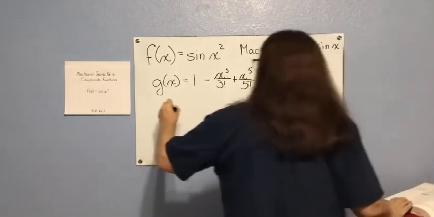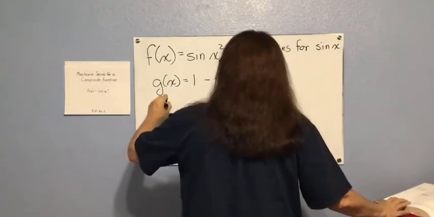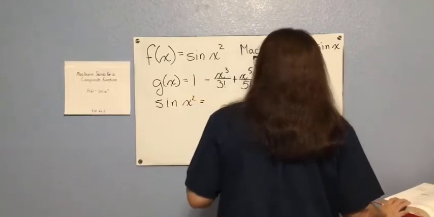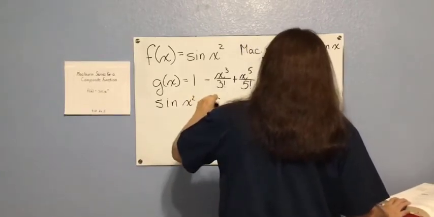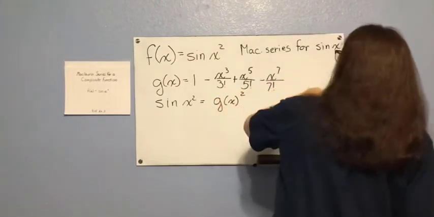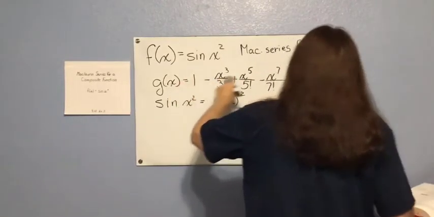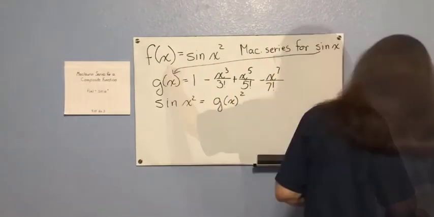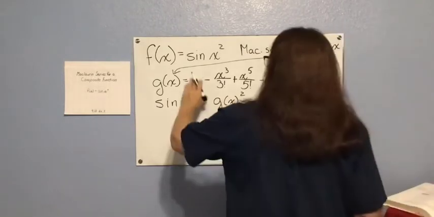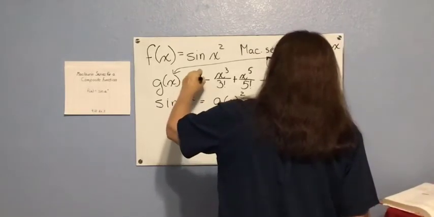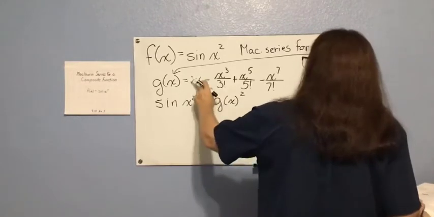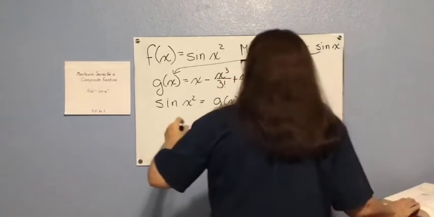And we're going to say that since sine of x squared is equal to g of x squared, because g of x is our series for sine, I'm going to just substitute x squared in this series. Okay, and this should have been x, not 1. That's x. So I'm going to take all of these x's and put in x squared.